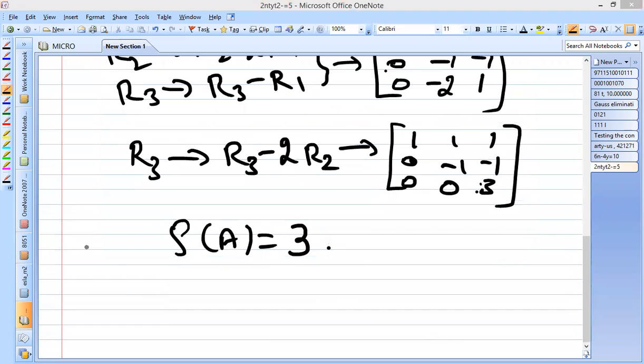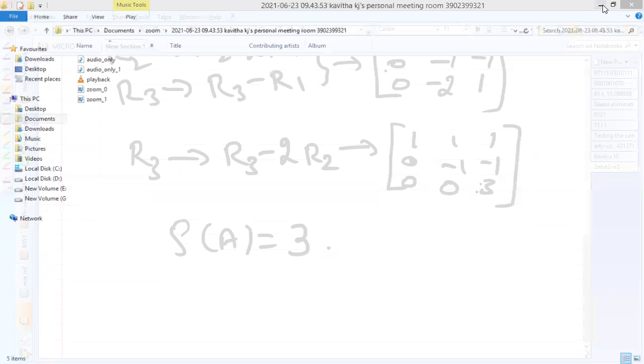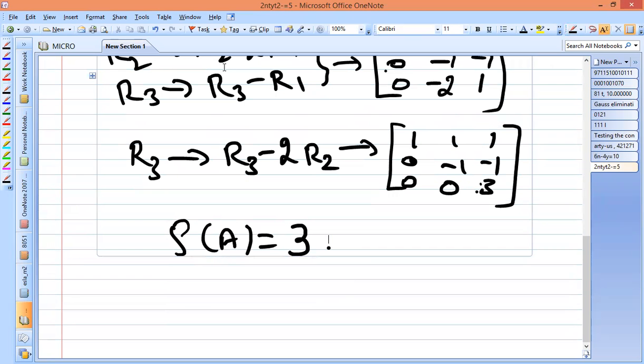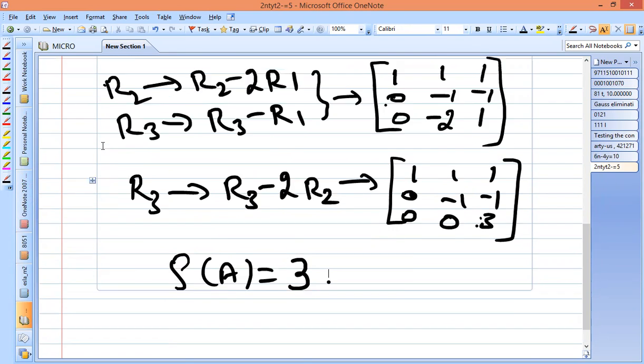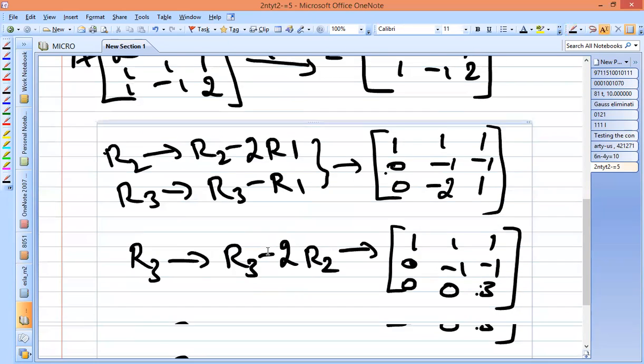Similarly, we just perform the same operations on the augmented matrix A, B. And one more thing, instead of performing them every time separately on matrix A and the matrix A, B, you can club those because we are going to perform the same operations, right?